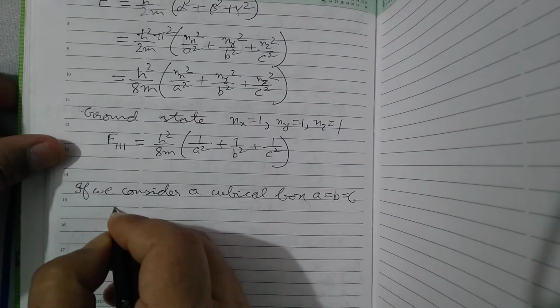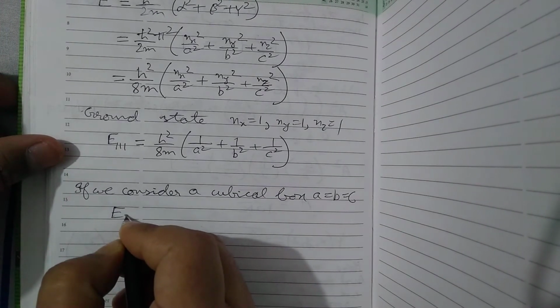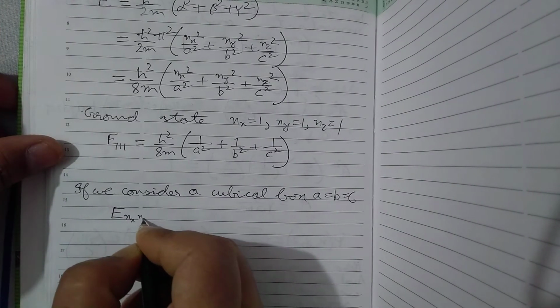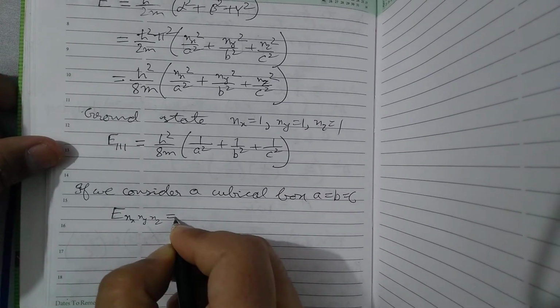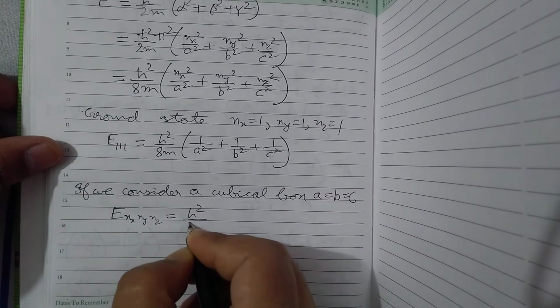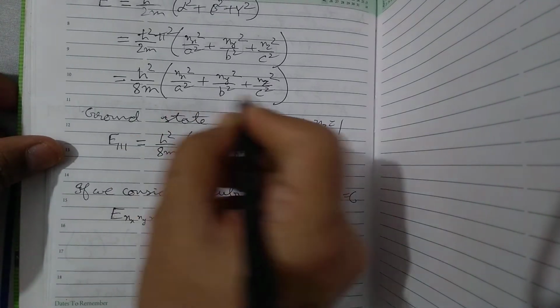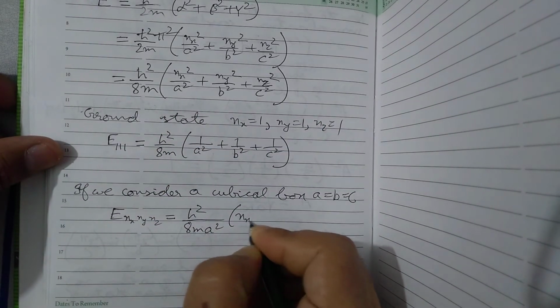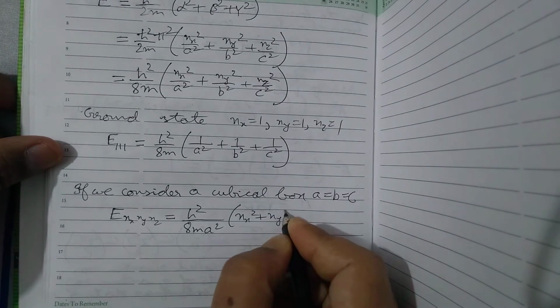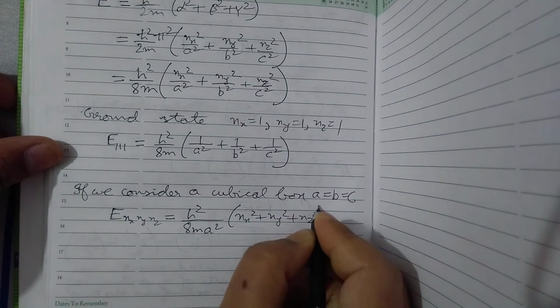So in that case, E of nx, ny, nz, how will it change? That will be h square by 8 m a square, since all are the same, into nx square plus ny square plus nz square.